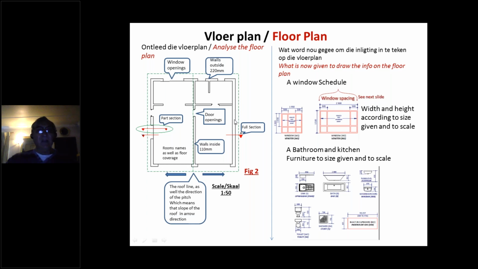If this scale is 1 to 50, these windows will be drawn in at 1 to 50. If the scale of the drawing is 1 to 100, then all these drawings must be drawn in at a scale of 1 to 100.